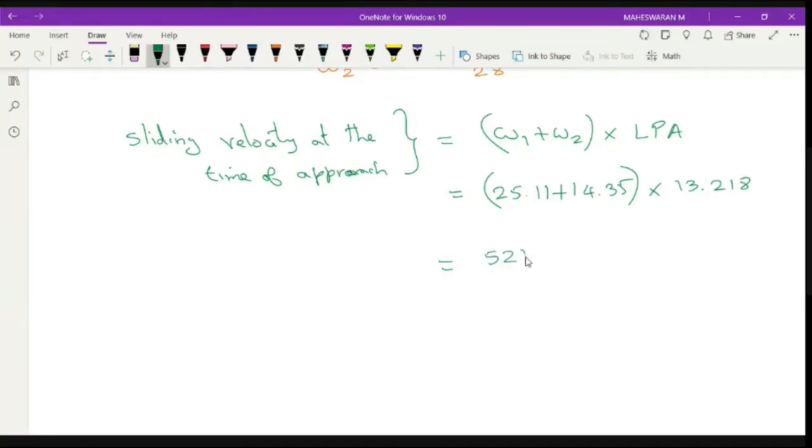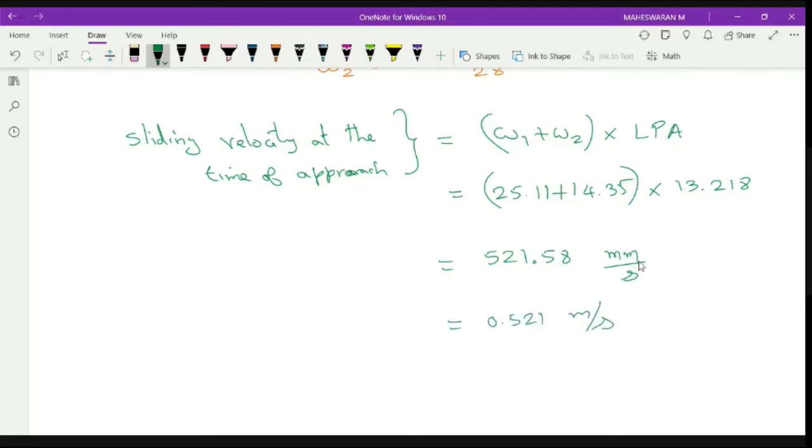You are getting 521.58. What is the unit? It is mm per second, which means in meters it will be 0.521 meter per second.